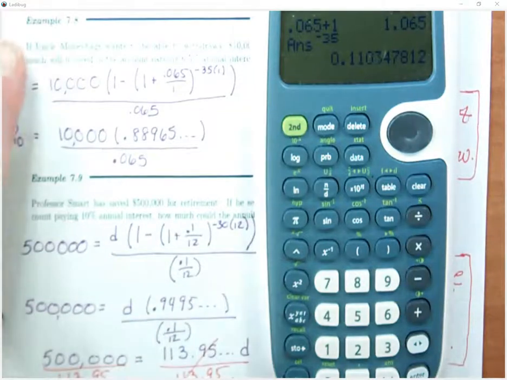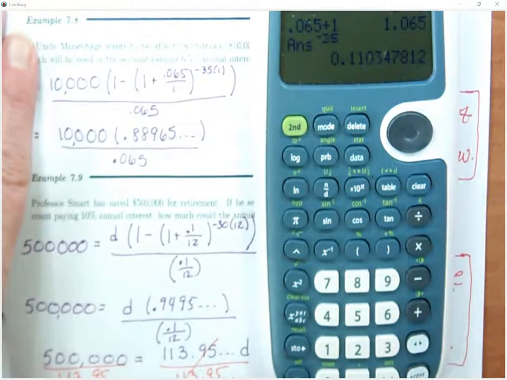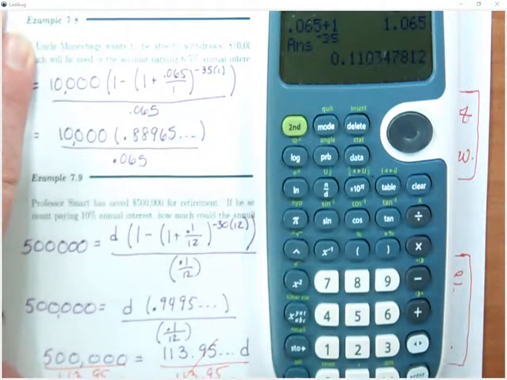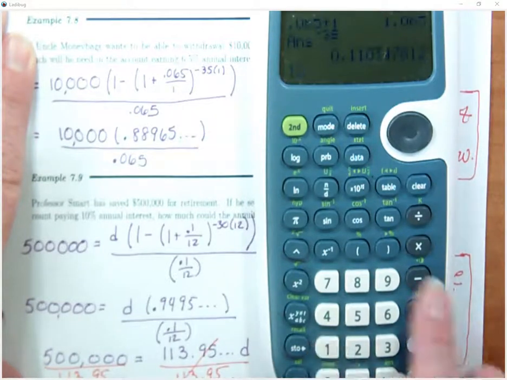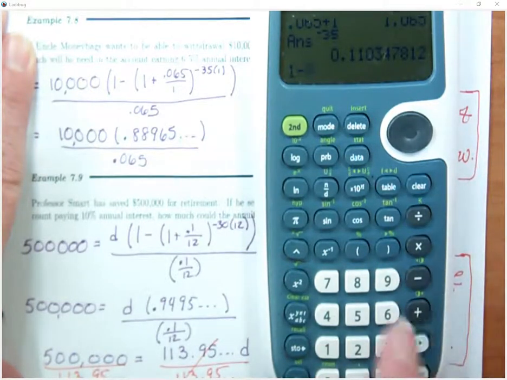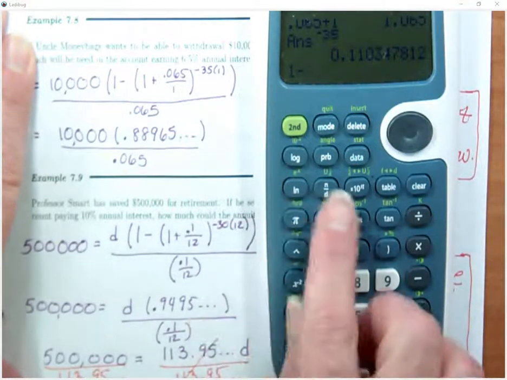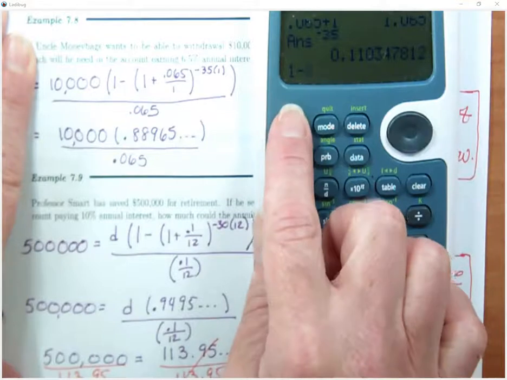So now I will want to subtract all that from 1. Don't just hit minus 1. That was the other formula, so you can't mix and match them that way. So I'm going to go 1 minus the answer that I have here, which is what I'm looking to subtract off.